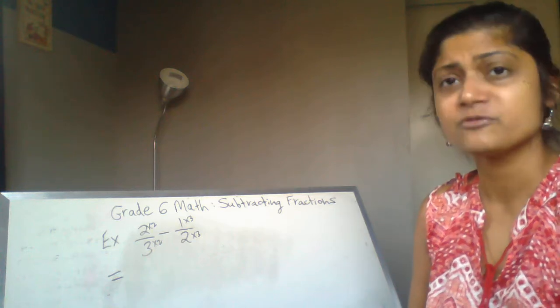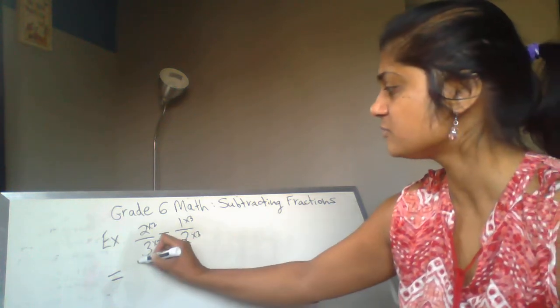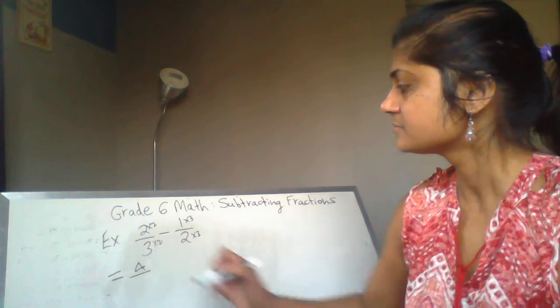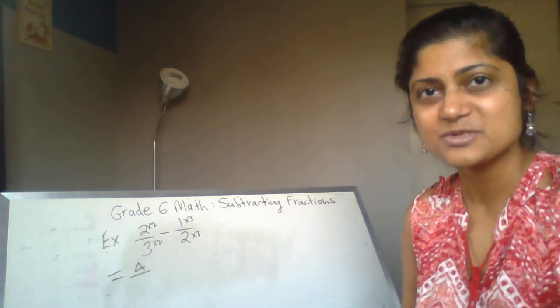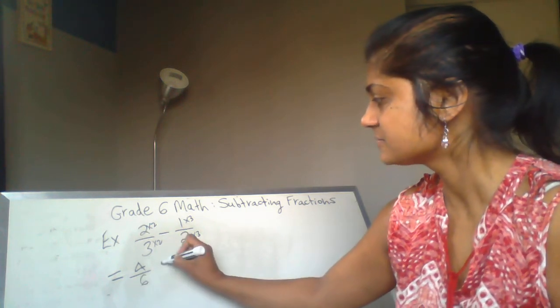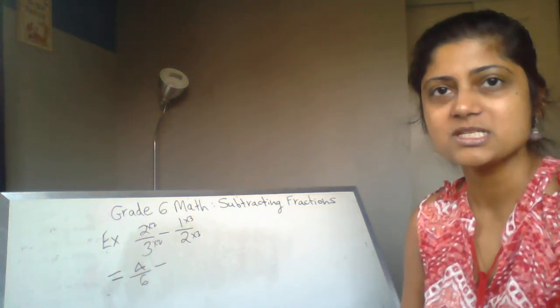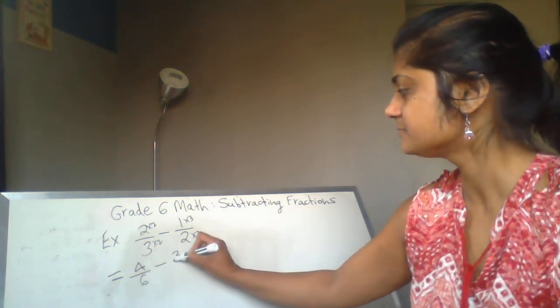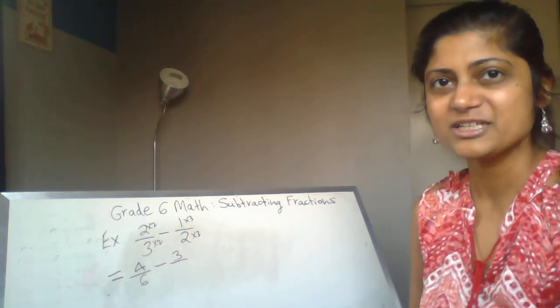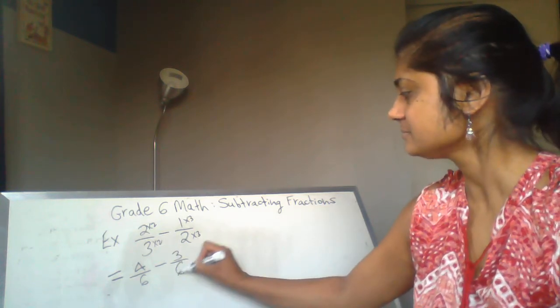If you look at the first fraction, we're doing 2 times 2, 4. And on the bottom, it's 3 times 2, so 6. That's the first fraction. I'm going to move to the second fraction. I'm doing 1 times 3, so it's 3. And 2 times 3 here is equal to 6.